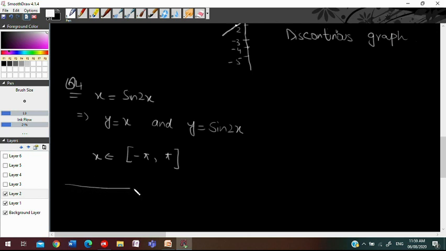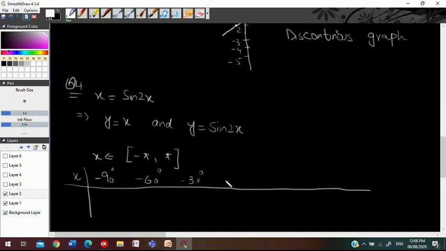So for the table, when we draw the table, what do we have? x: minus 90 degrees, minus 60 degrees, minus 30 degrees, 0, then positive 30 degrees, positive 60 degrees, and then 90 degrees. This table is for the first function, y is equal to x.